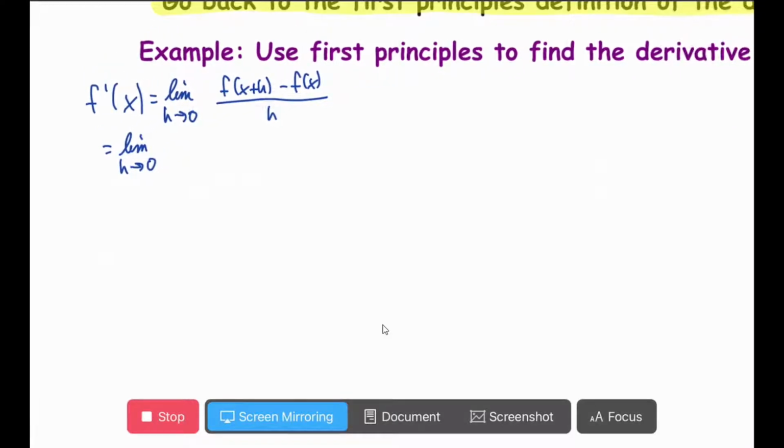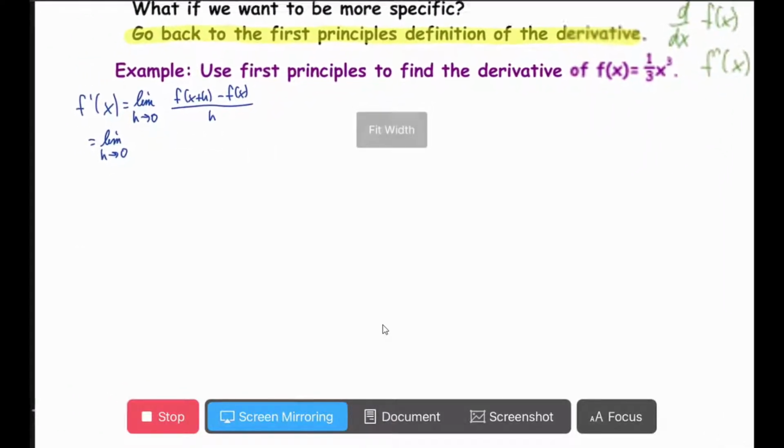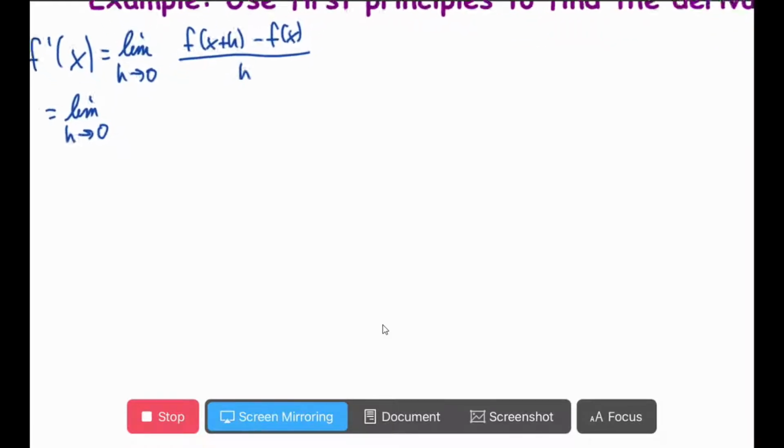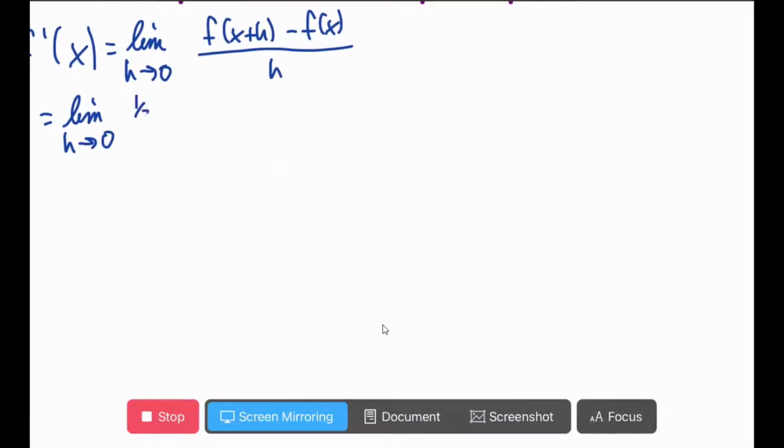And for our given question here, our f of x is equal to 1 over 3 x cubed. So I'm going to have 1 over 3 (x plus h) cubed minus 1 over 3 x cubed, divided by h. And this is a little ugly because of the fractions, but we'll make do.